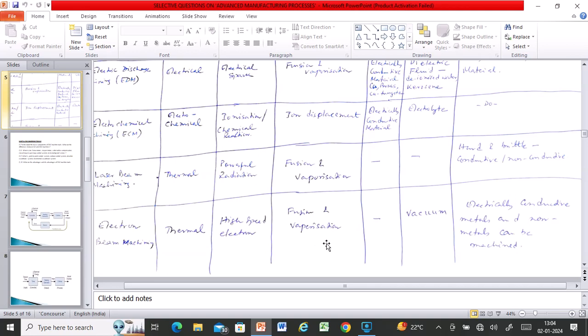The material removal is by fusion and vaporization, and the medium is vacuum, because the speed of the electrons must be at a very high level, and if there is air, then due to air resistance the velocity of the electrons may be reduced, so this process is carried out in vacuum. Here both electrically conductive and non-conductive materials can be machined.